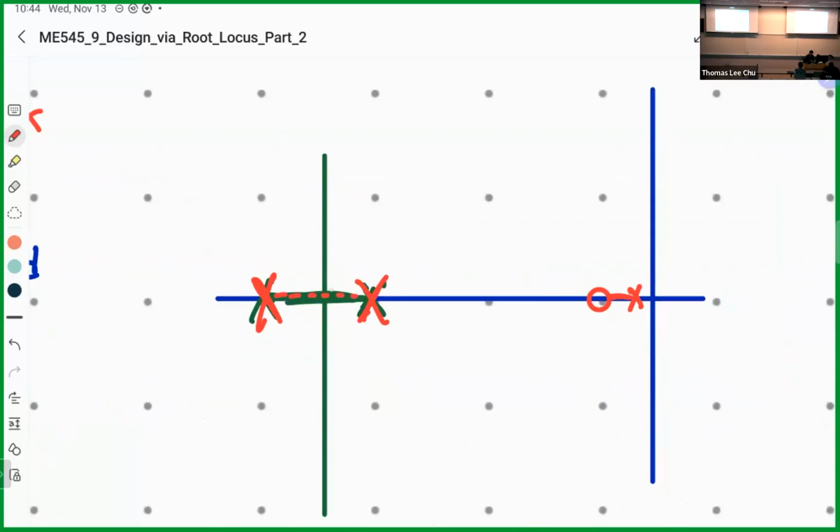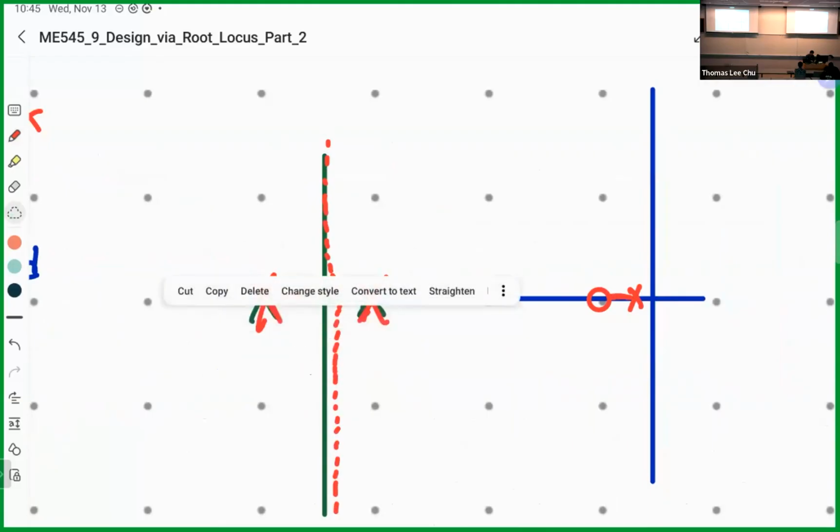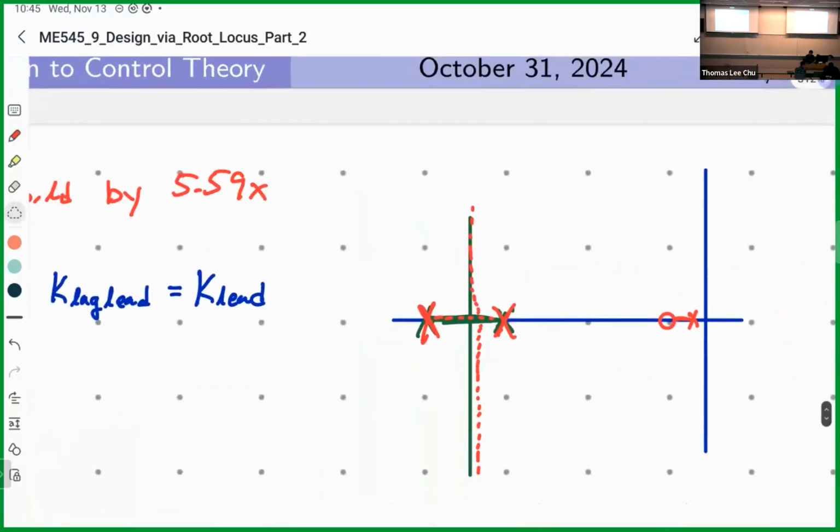Maybe it looks more like this. Not exact, but something along those lines.